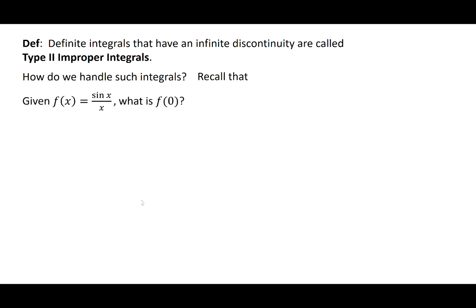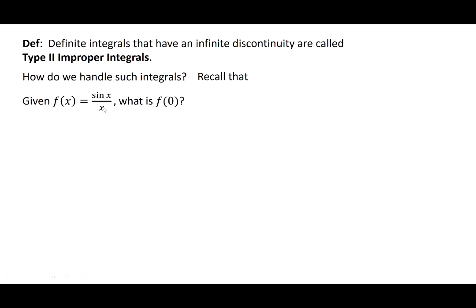What I want to say is, man, that's infinity. We are dividing by 0. Well, what happened when we had to deal with a function like this? f of x is sine x over x. Can I ask what is f of 0? You'll say, oh, wait a minute, let me plug in 0 for x. So sine 0 over 0.